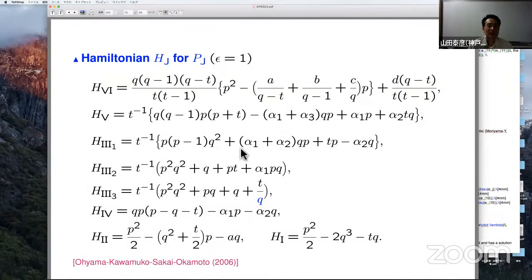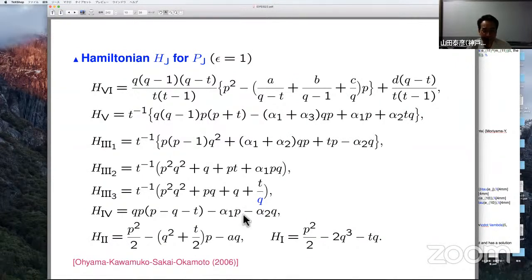The Hamiltonian is given in this way, and except for the most degenerate case of Painlevé 3, they are all polynomials in P and Q.